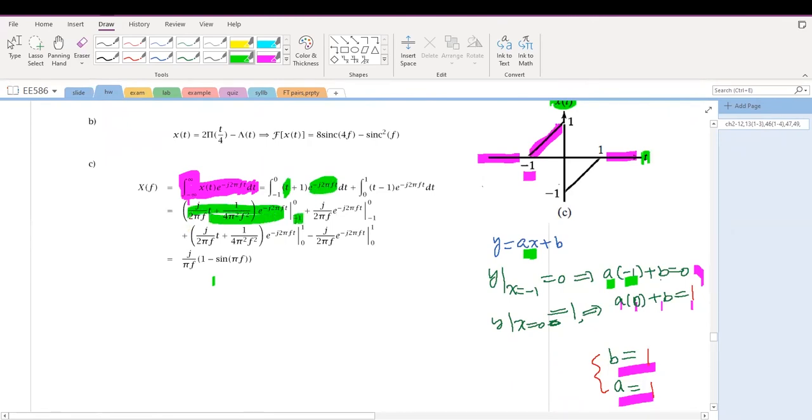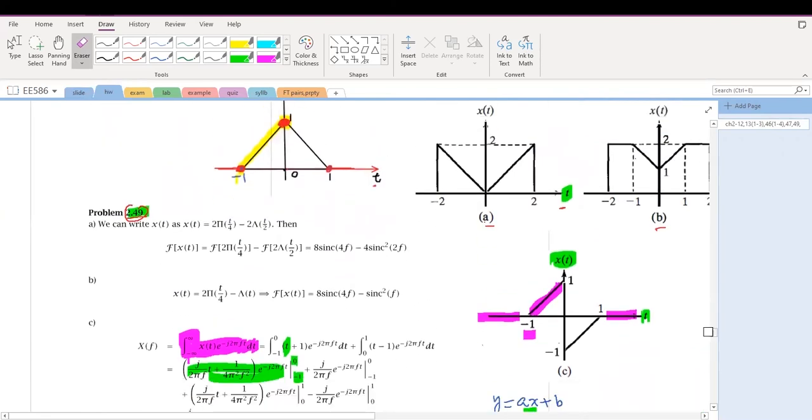You do a definite integral from -1 to 0. And this term is 1 multiplied by e to the power minus j 2 pi f t, as you integrate here. And then you do the same thing here, t e to the power minus j 2 pi f t, and then you do the integral, and after you plug it in and do a little reorganization, this is the final result.